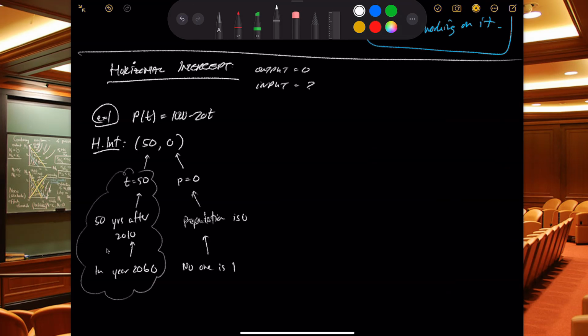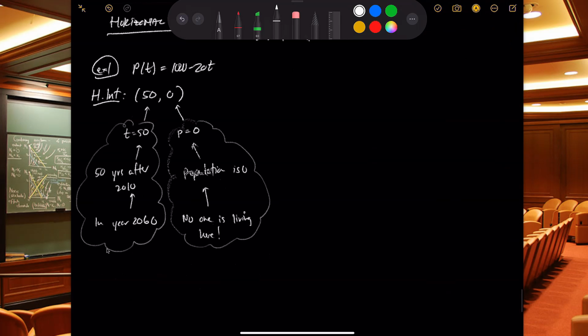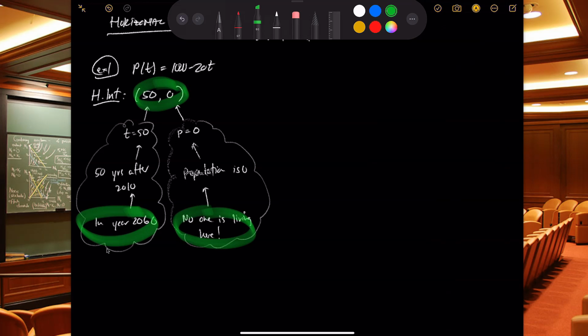No one is living here. Again, I'm coming up with these quickly, but this takes a little bit of thought to get there. And now we see these two ideas are really paired together, just like this is paired together.